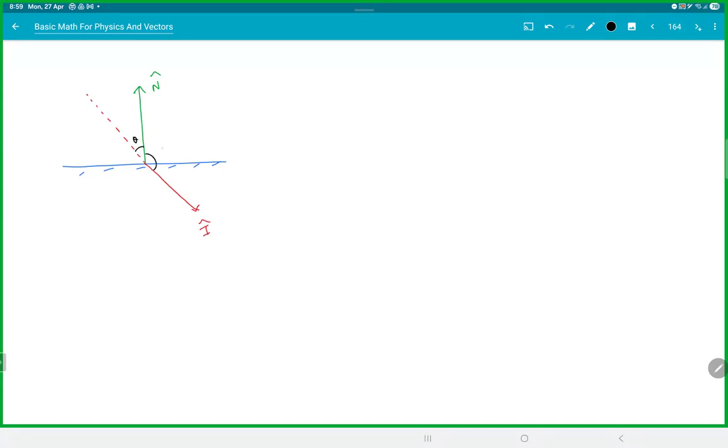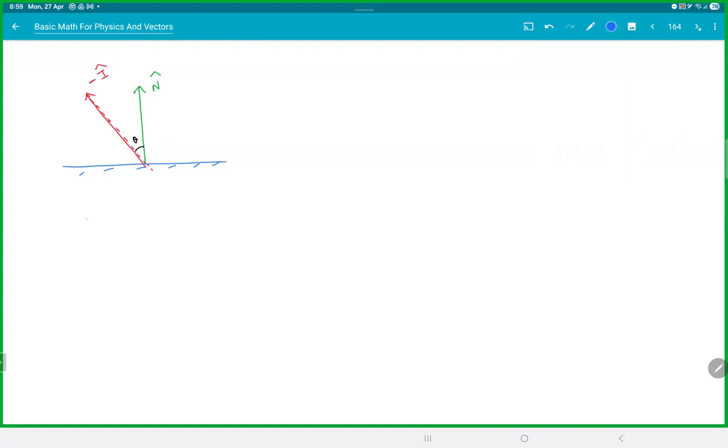Now if I reverse this vector, won't this become minus I cap? So this will become minus I cap.